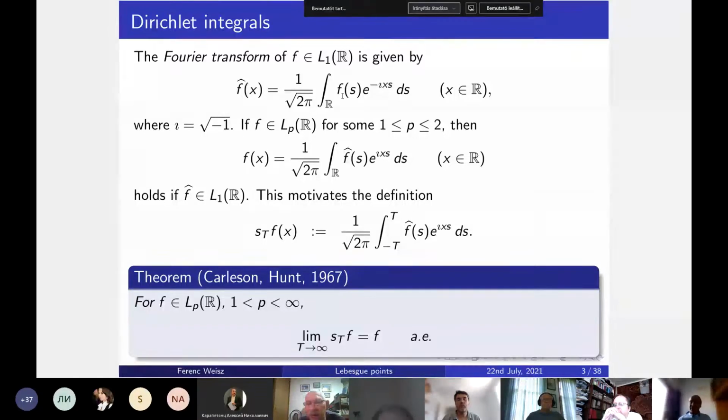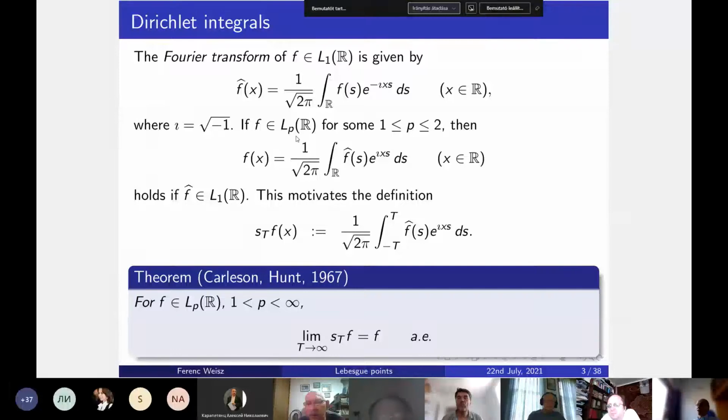This can be extended for functions from L^p, p between 1 and 2. This is the usual theory. Here you can see the Fourier inversion theorem. In other words, the inverse Fourier transform of the Fourier transform of f gives back the original function f.